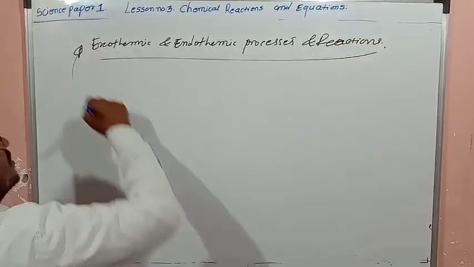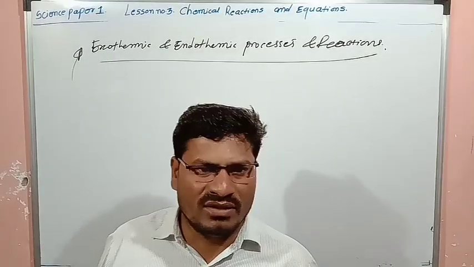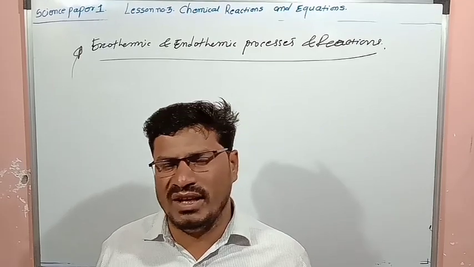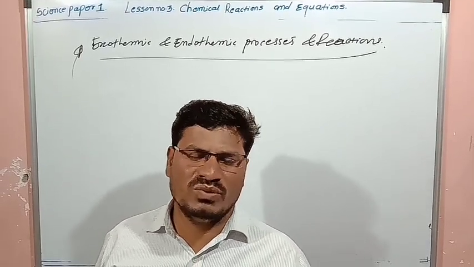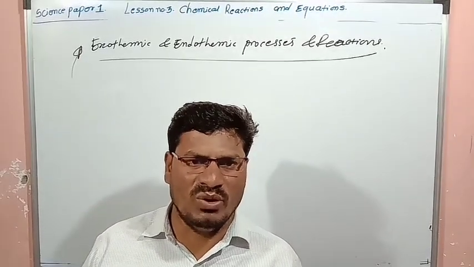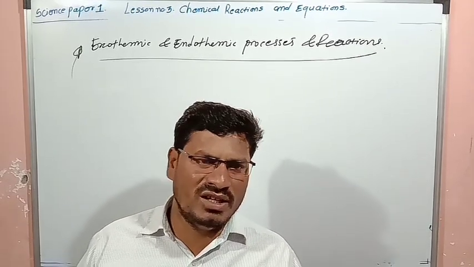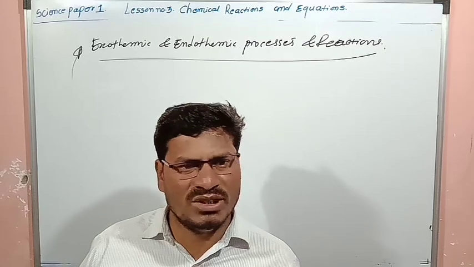So first thing, it should be clear what is meant by process and what is meant by reaction. Further that one we are going to discuss in the use of brain power. But process and reaction are a little bit different.